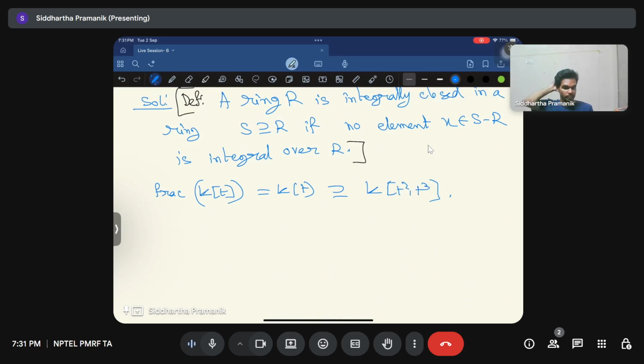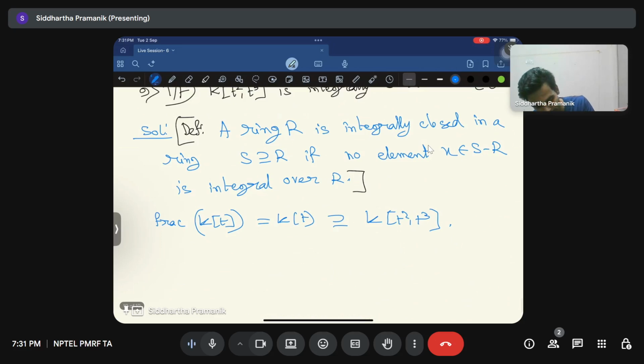So we need to check this is integrally closed or not. Now note that t belongs to k(t), but it does not belong to k[t^2, t^3].